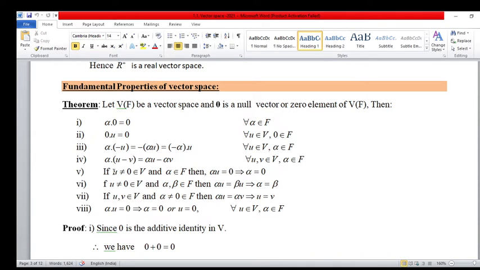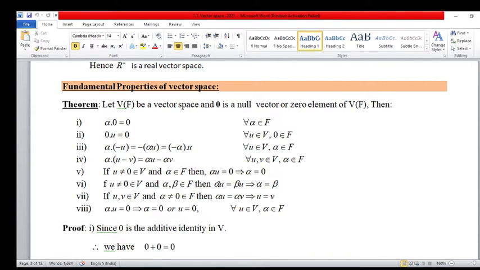Fifth, u does not equal 0, meaning this is a non-zero vector. Alpha belongs to F, meaning alpha is a scalar. Then alpha u is equal to 0 implies alpha is equal to 0. That is, if u is a non-zero vector and alpha belongs to F, then alpha is equal to 0. Their generalization part: if u is a non-zero vector, alpha, beta belong to F, then alpha u is equal to beta u.